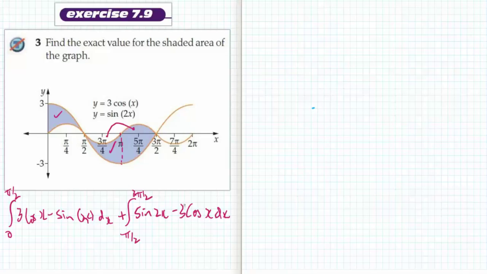And since I do need to do two integrals, no matter which way I divide it all up, I may as well complete these two integrals.